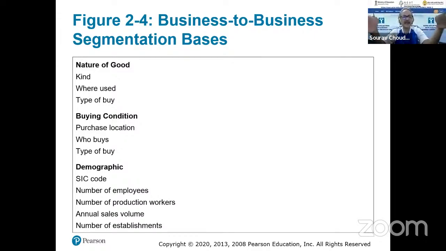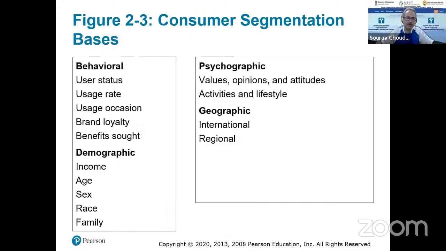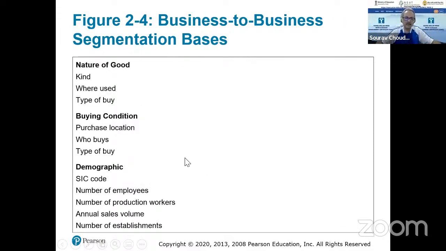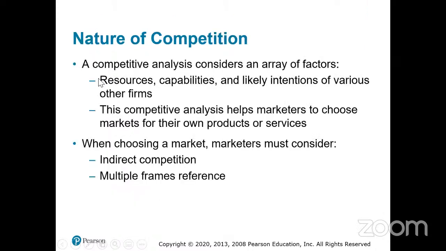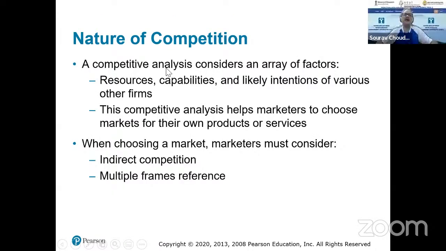How many employees, number of production workers, annual sales volume, number of establishments and units in that industry and that company. So these are all different. Just like we divide consumers in segmentation, similarly we divide the industry. Okay. Nature of competition, a competition analysis considers an array of factors, resources, capabilities, and likely intentions of various other firms. Okay.